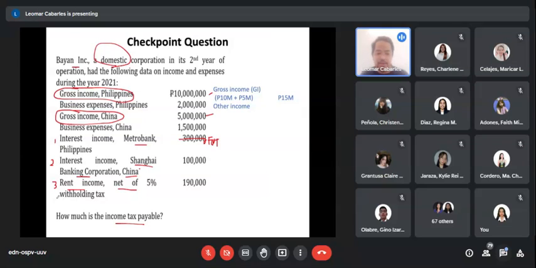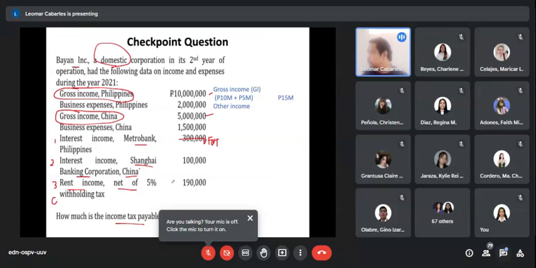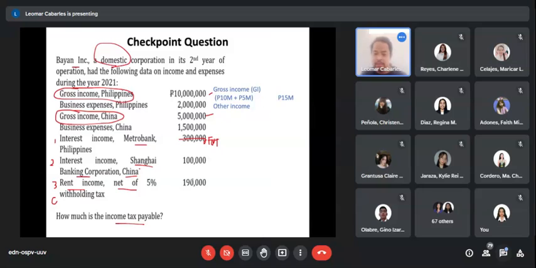This is just creditable. So kung hindi yan final at creditable pa yan, itong 5% na to, idadagdag mo siya pabalik dito sa 190. So therefore, itong 190 is 95% lang. So you gross it up. No? So therefore, yung other income mo, if you get the total, is 300,000. So yung 5% creditable lang yan, hindi pa yan final.